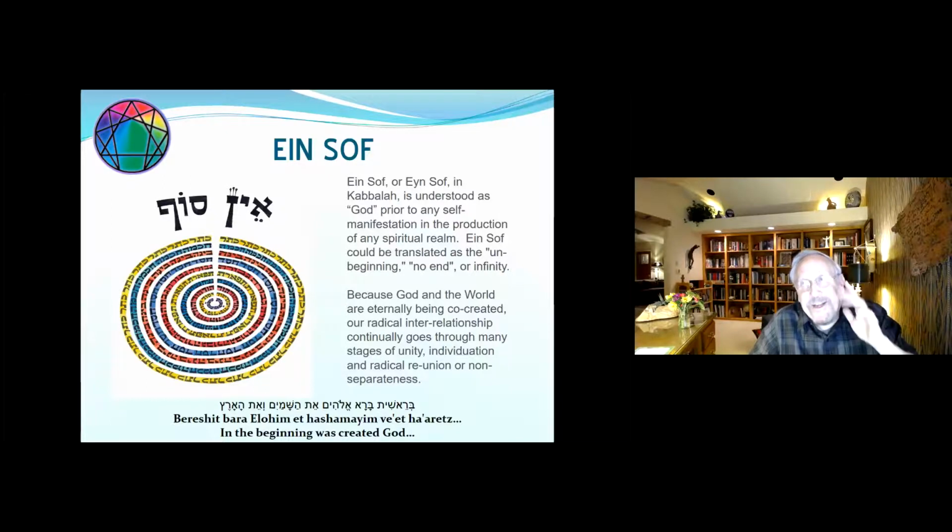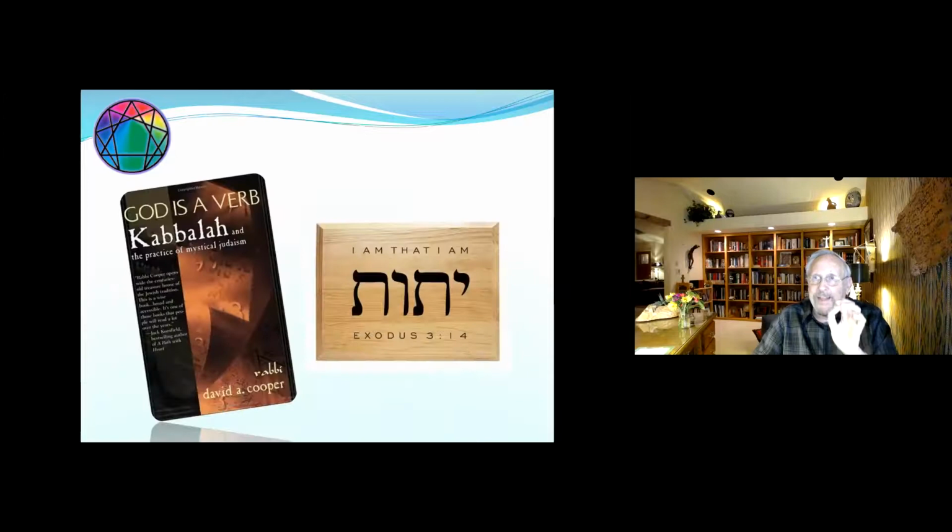Now, just stop and think about the implication of that. That's not usually how we read it in our King James Version. In the beginning, God created, right? No, they insist that the Hebrew is much more subtle than that. And the subtlety is that God is not a noun, but a verb.